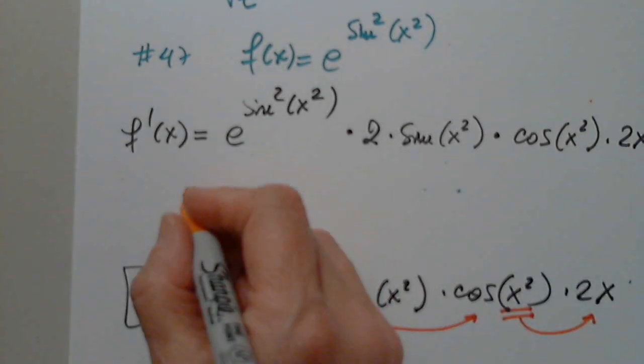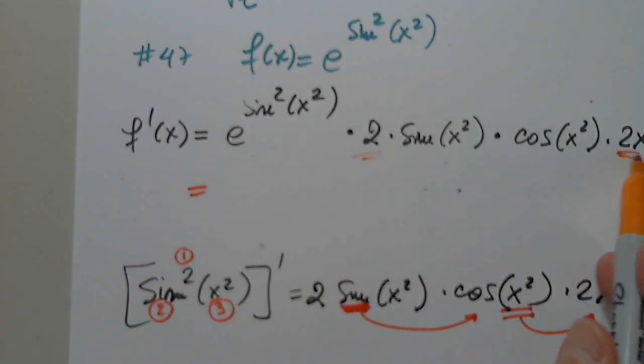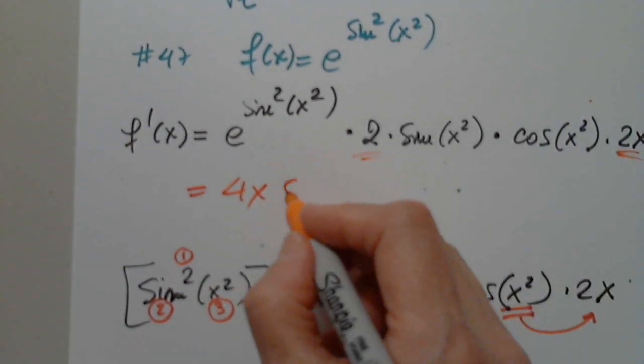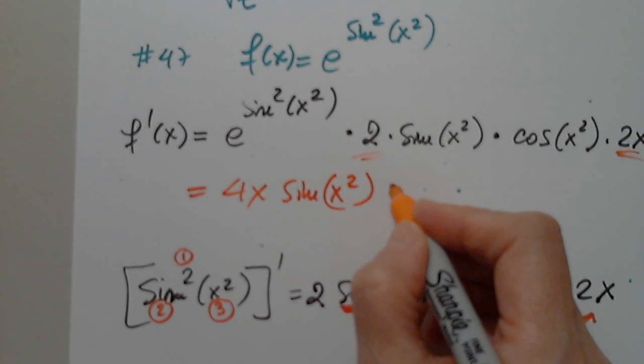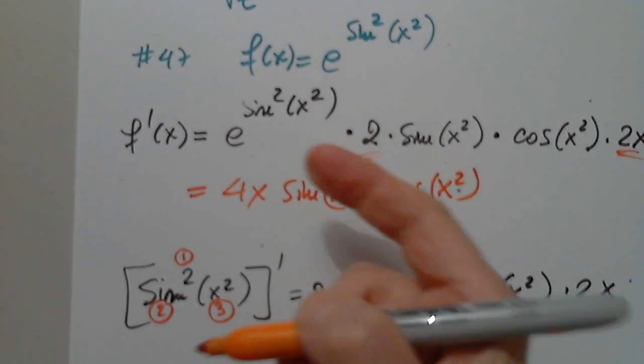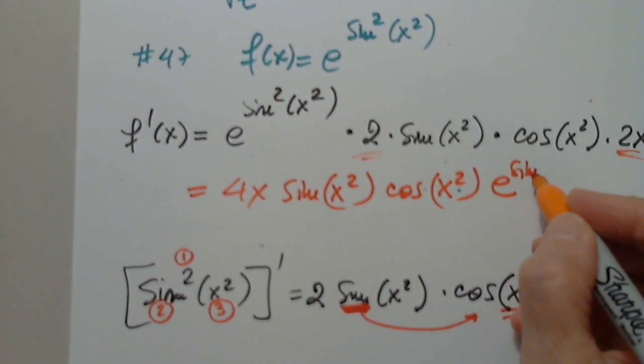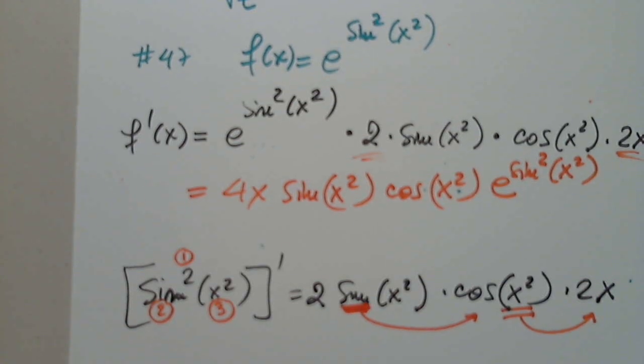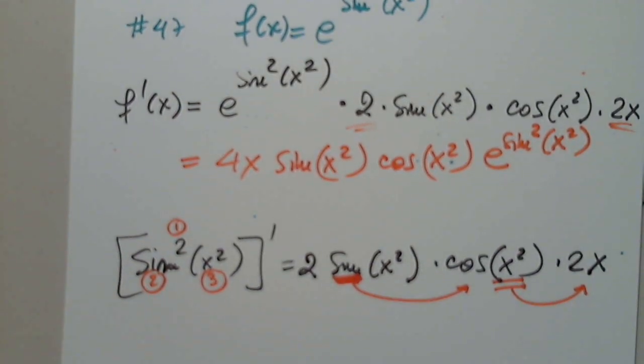So then coming back, I have the 2 with 2x, so I have 4x. I have sine cosine times e to sine squared applied to x squared. So you have to continue till you exhaust all functions in the problem. So first I have to start with this, then I have to differentiate the inner function, and then I have to differentiate the innermost.